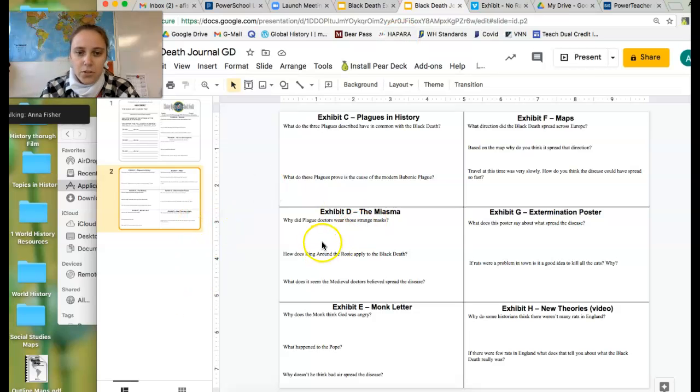So, this asks you, why did the plague doctors wear those strange masks? How did Ring Around the Rosie apply to the Black Death? It'll ruin your childhood right there. And what does it seem the medieval doctors believed spread the disease? So, go ahead, pause me, answer, and we'll move on to E.